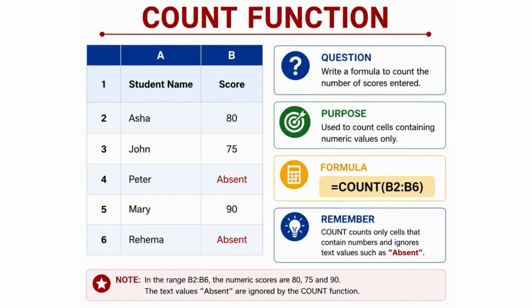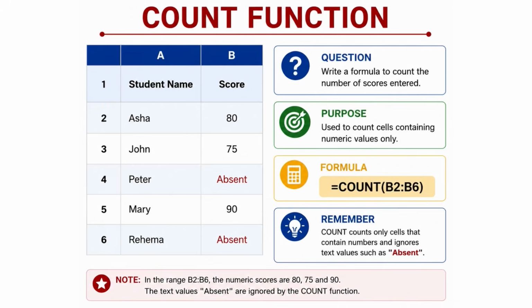Therefore, the formula is equals count, open bracket, B2, colon, B6, close bracket. Notice that we use a colon because the cells form a continuous range. This formula tells the spreadsheet to count all cells that contain numbers from B2 to B6. Whenever you want to count numeric values in a range of cells, use the count function.